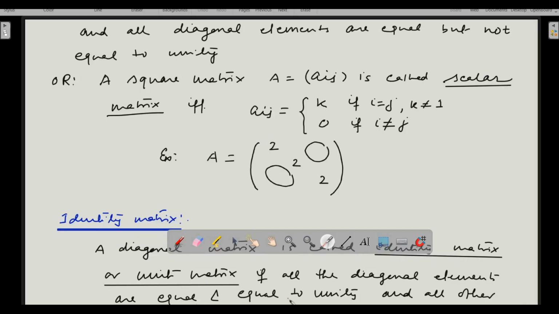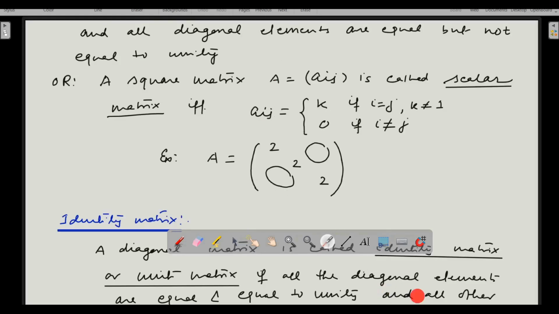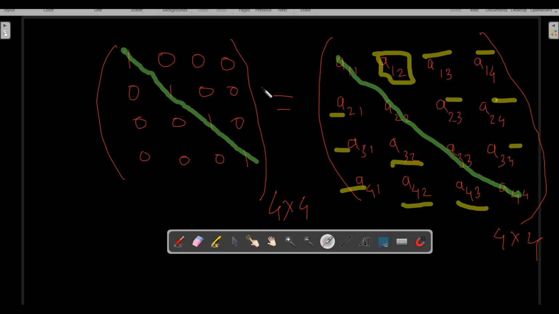Similarly, you can have a look here also, that all the non-diagonal elements are 0 and all the diagonal elements are equal and equal to unity.